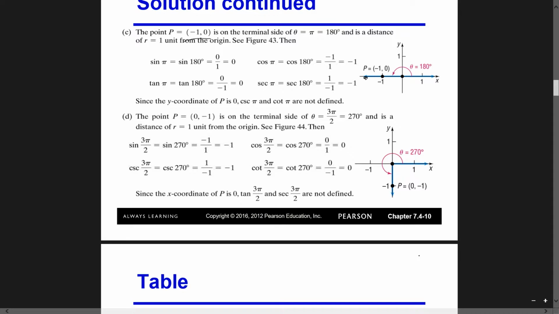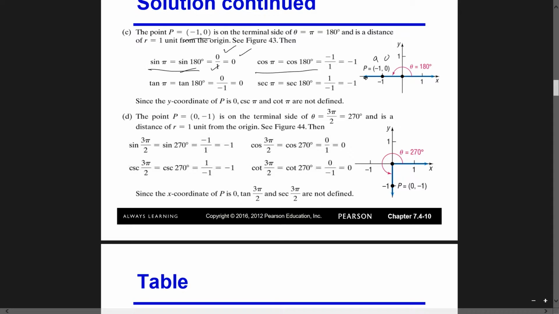And it would be a equals -1 and b equals 0. So sine of pi, the sine of 180 degrees, equals b, which is 0, divided by r, which is 1, equals 0.